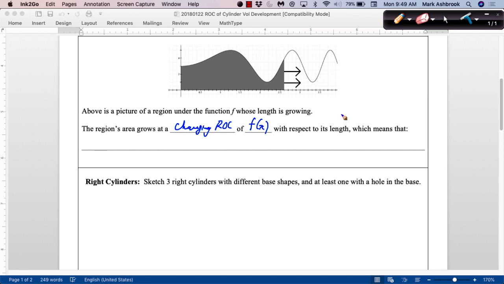Okay, now that we practiced the definition on the one before, let's regroup. If you need to, change what you wrote on this next part. Take a second to alter what you wrote. See if you can get more accurate based on what we just said about the previous one. So take a couple of seconds. What does it mean that the changing rate of change of area is f of x?